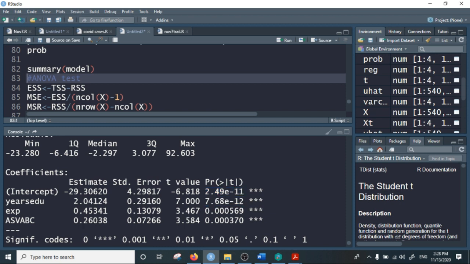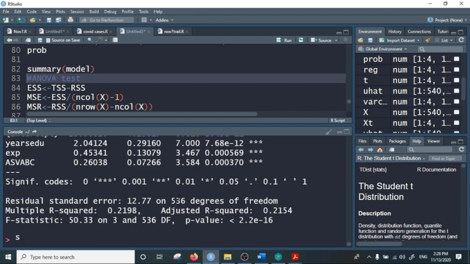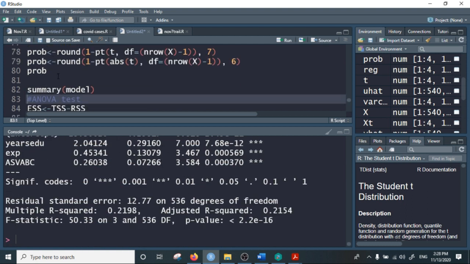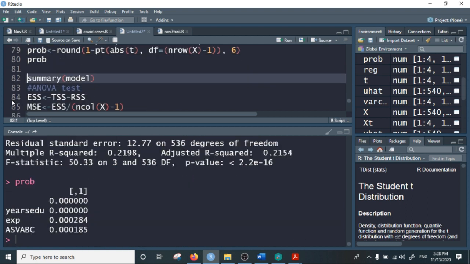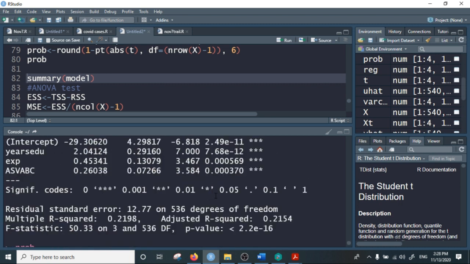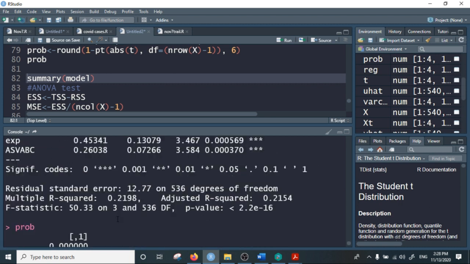This is 0.00569 and this is 0.00370. Now we compare this with our probabilities, which are saved under the probability object. The first two numbers are almost 0, and this is almost the same as the model.